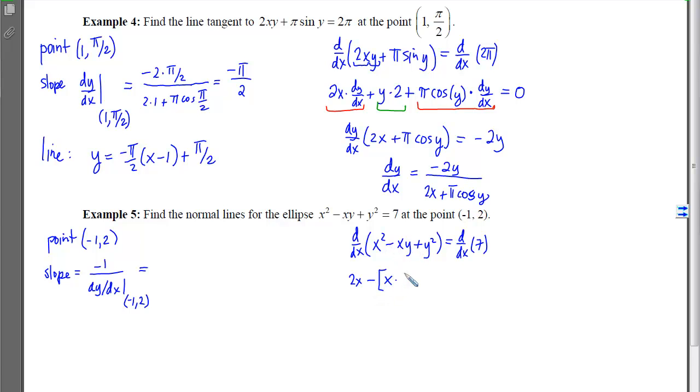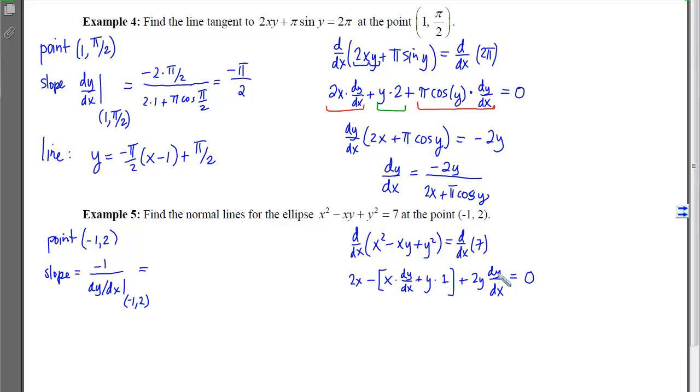So I have the first one times the derivative of the second plus the second one times the derivative of the first. And that whole thing needs to be subtracted because I'm subtracting the derivative of that product. Plus the derivative of y squared is 2y dy dx. On the right, we have the derivative of a constant, which is simply 0.